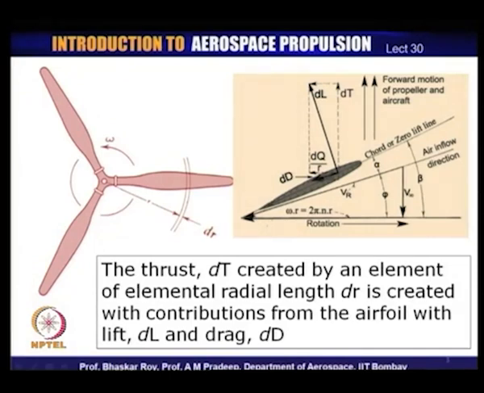So, the thrust that is created by an element at, let us say, a radial length dr is created with the contributions from the aerofoil, which are characterized by dL and dD of this particular element, and of course, the torque which is supplied by the engine. So, this is how the thrust is elementally created by any particular element of a particular propeller, and all the elements put together then create the total thrust of a blade, which is in rotation.